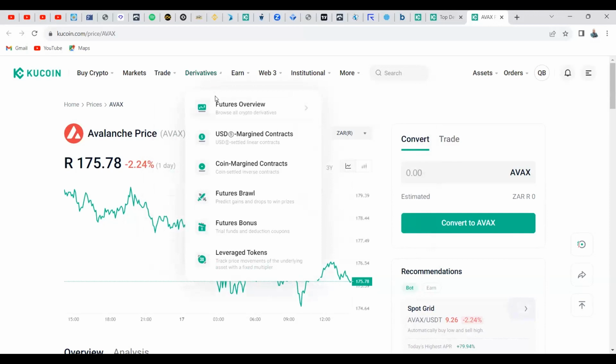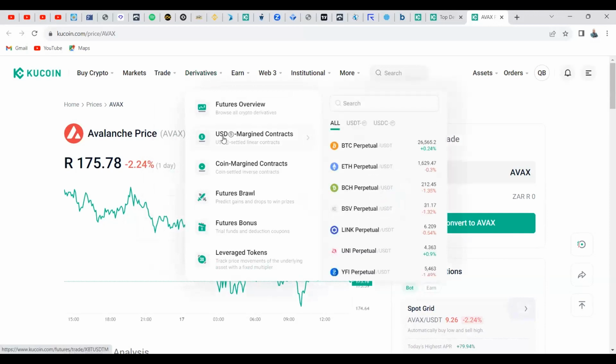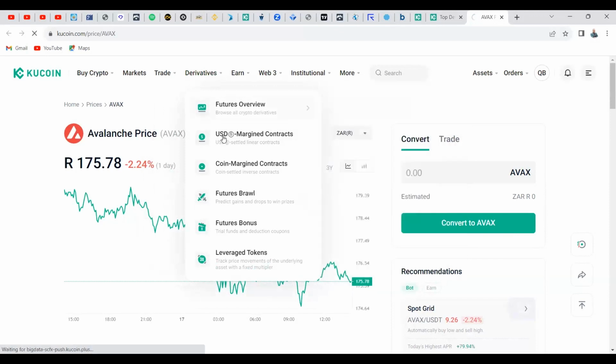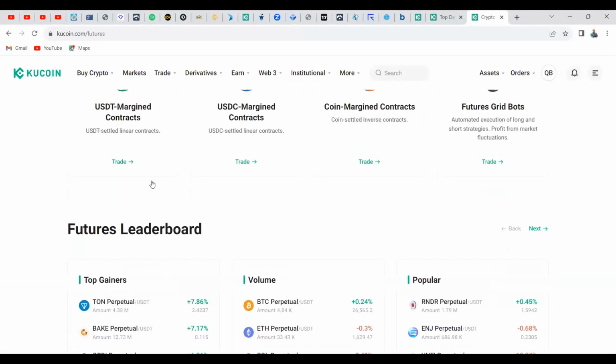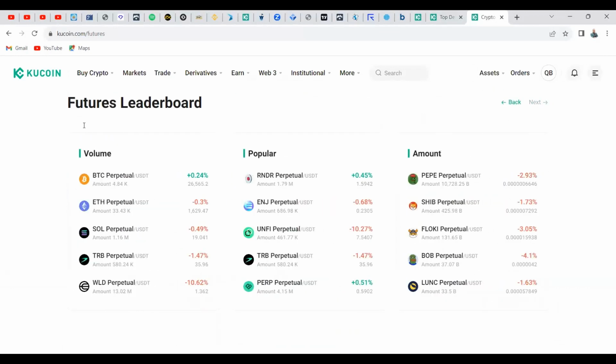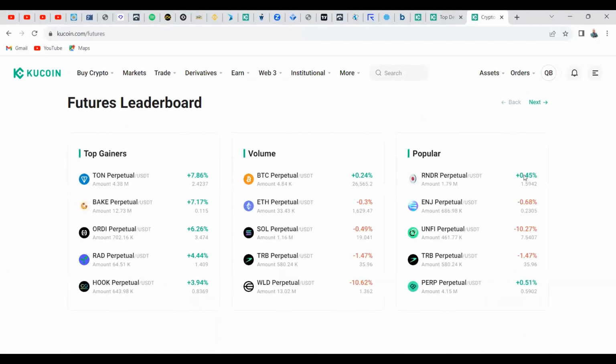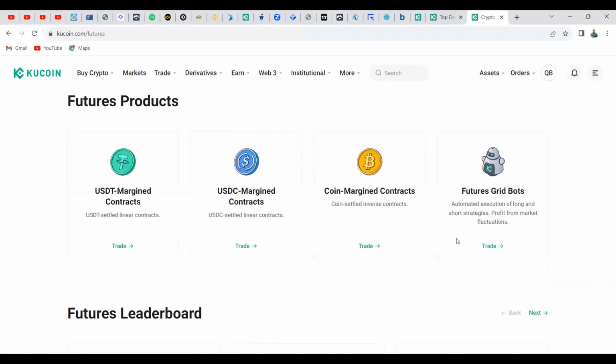All right, so if I wanted to start trading, I want to come here and I want to come where it says futures overview. So if I click on derivatives, for example, what this will do is give me a futures overview. Okay, and you can basically see that this is the futures leaderboard, for example, by way of top gainers, volume, and popular over there.